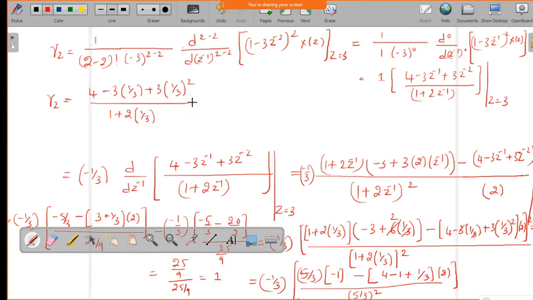Now if you evaluate this, you will get 4 minus 1 plus 3 into 1 by 9, divided by the denominator, which evaluates to 5 by 3. So you will get 3 plus 1 by 3 divided by 5 by 3. So gamma 2 is 2.